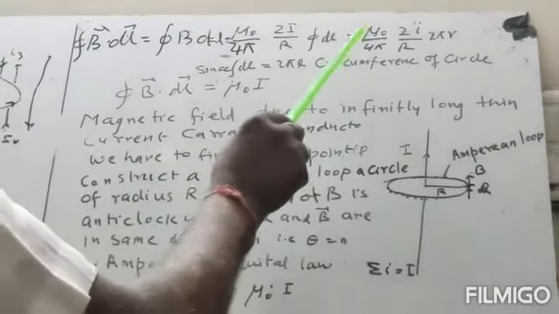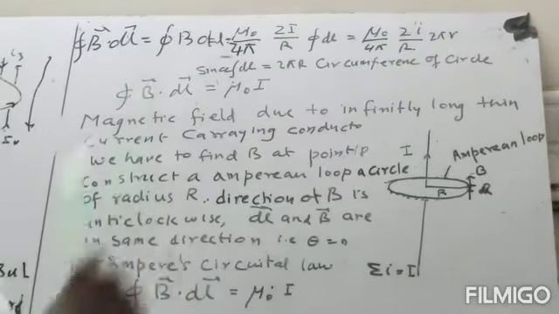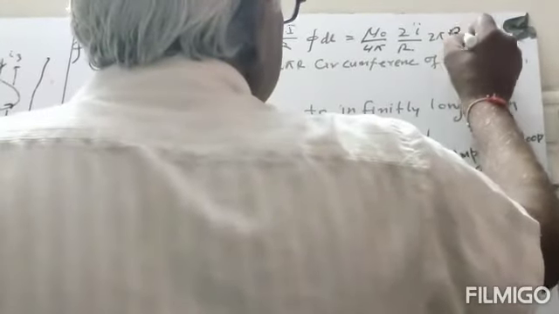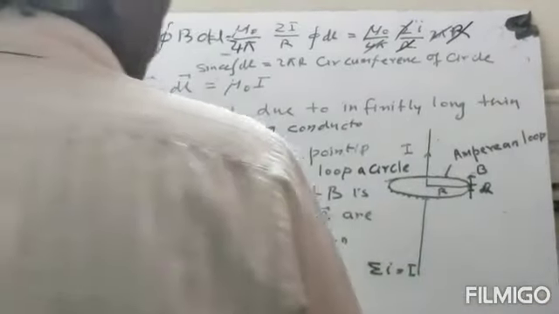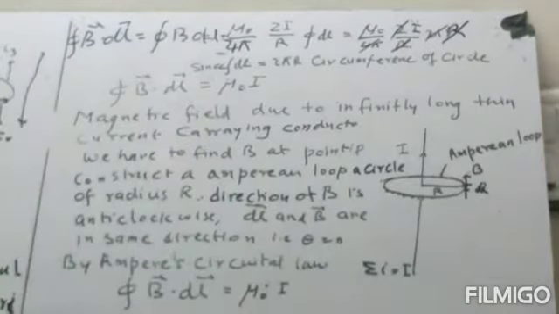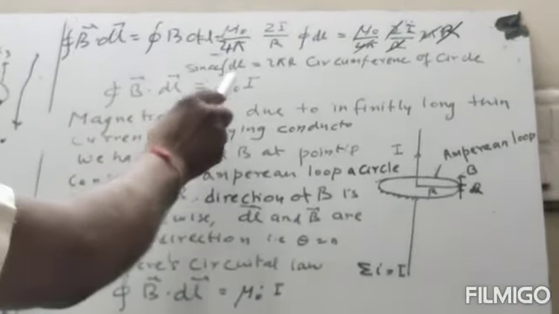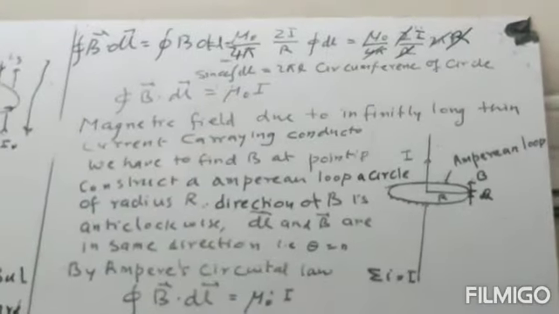So it will be equal to mu 0 into 2I divided by 4 pi r, into 2 pi into capital R. R cancels, 4 pi cancels. So it will be equal to mu 0 into I. So the line integral of B dot dl is equal to mu 0 into I.